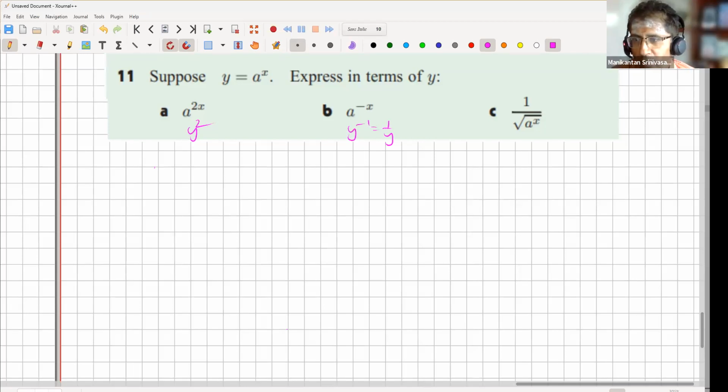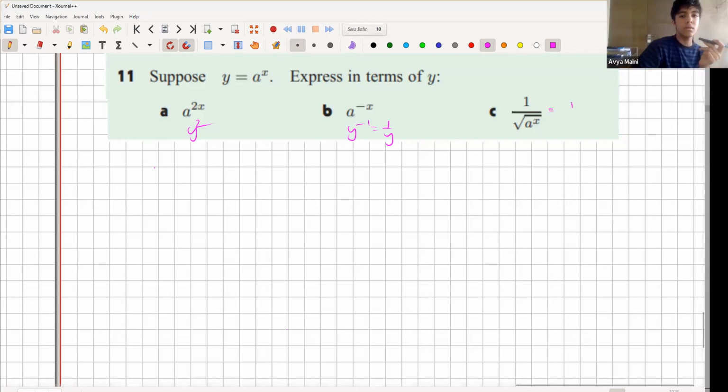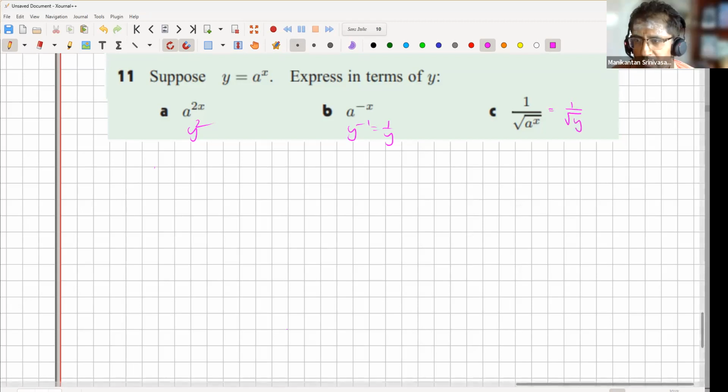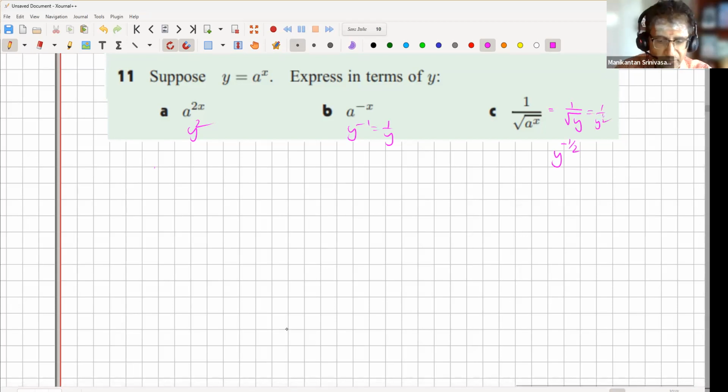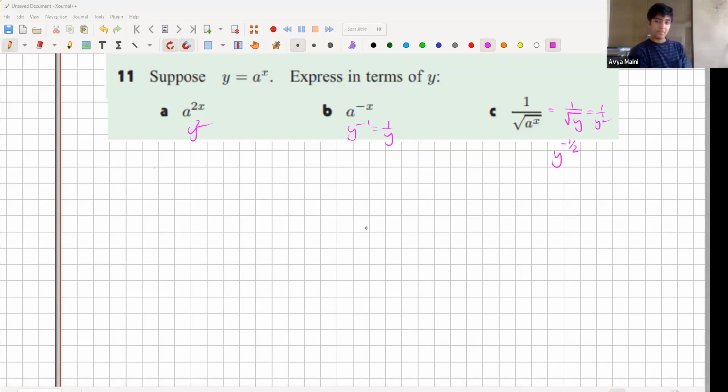Avya, you're overcomplicating it. So 1 by root of y. Yeah, exactly. 1 by root of y. If at all anything, you probably meant y power minus half. So yes, this is 1 upon y power half, which is y power minus half. Sorry, this got a little confusing now. Okay, no problem. So 3b, let's see.